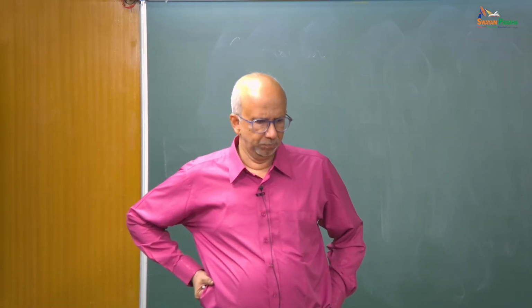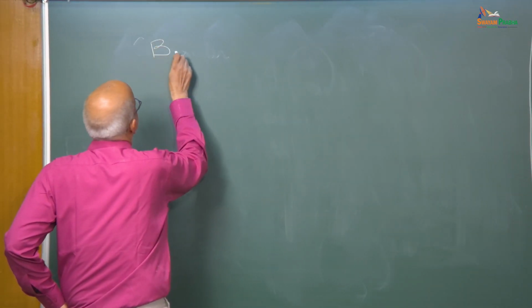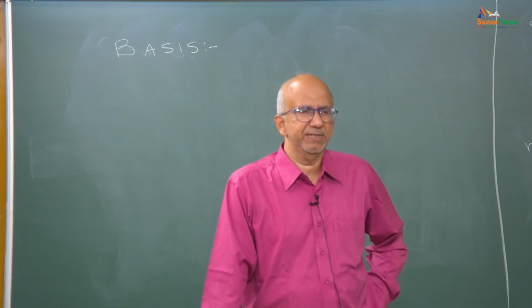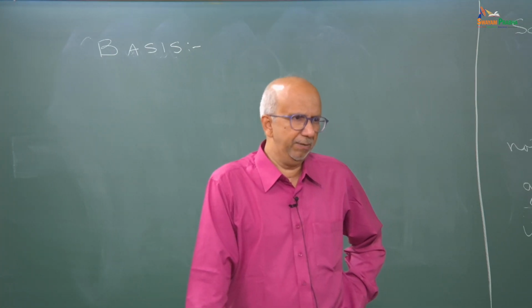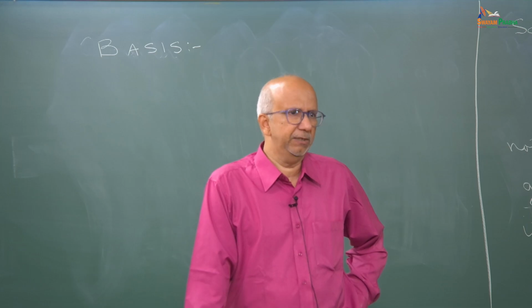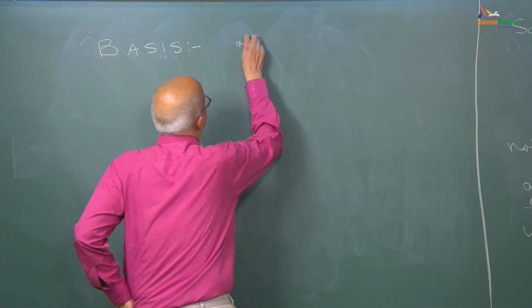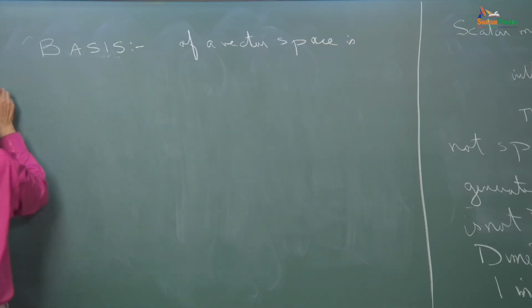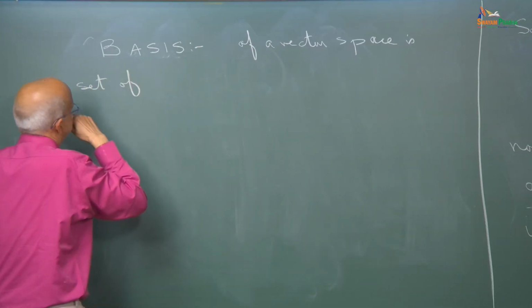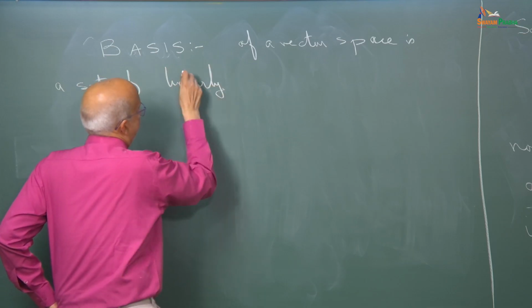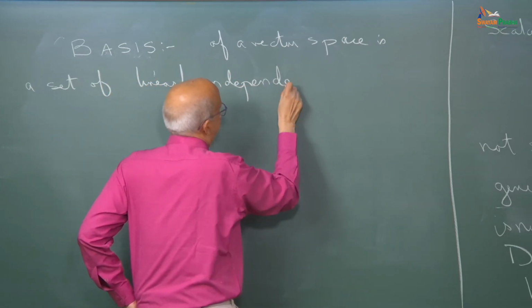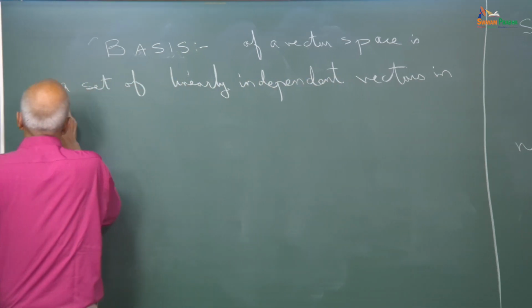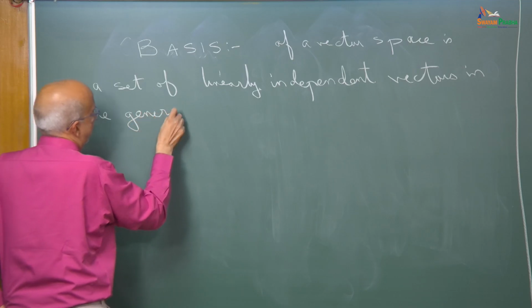I want to talk about what is called the basis. So, the basis of a vector space is a set of linearly independent vectors in the generating set.